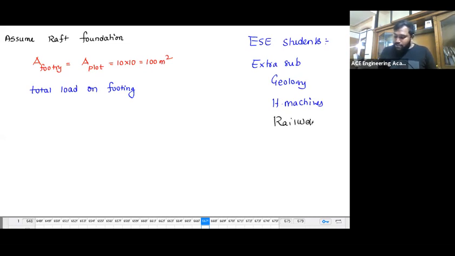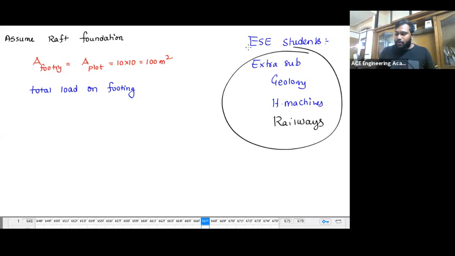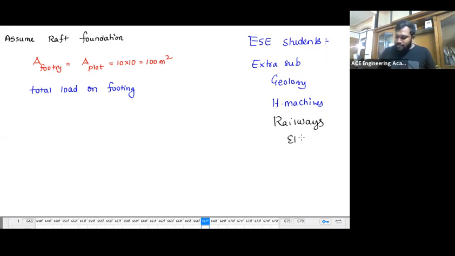So for the extra subjects like geology, hydraulic machines, railways, etc., whatever the extra syllabus apart from the GATE syllabus is there, there is a provision: the management is going to be allowing you a deep learn access. I hope everybody knows what is meant by deep learn.